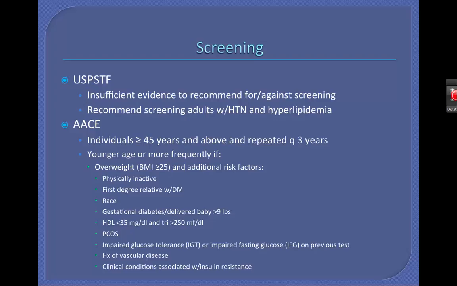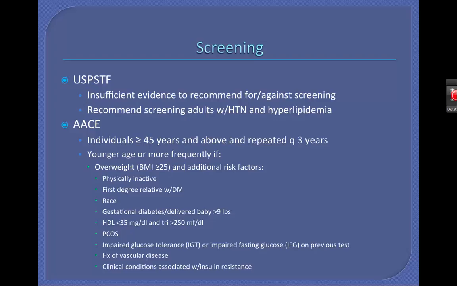The American Association of Clinical Endocrinologists states that individuals 45 and above should be repeat screened every 3 years, and younger individuals more frequently. If they're overweight with a BMI greater than 25 and have additional risk factors, you need to screen them.